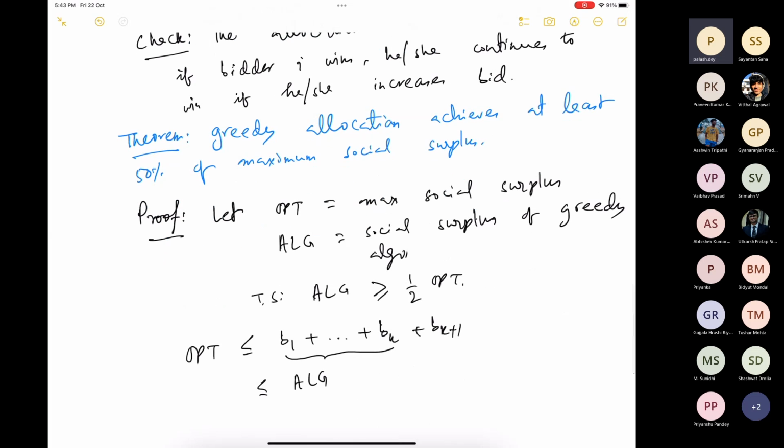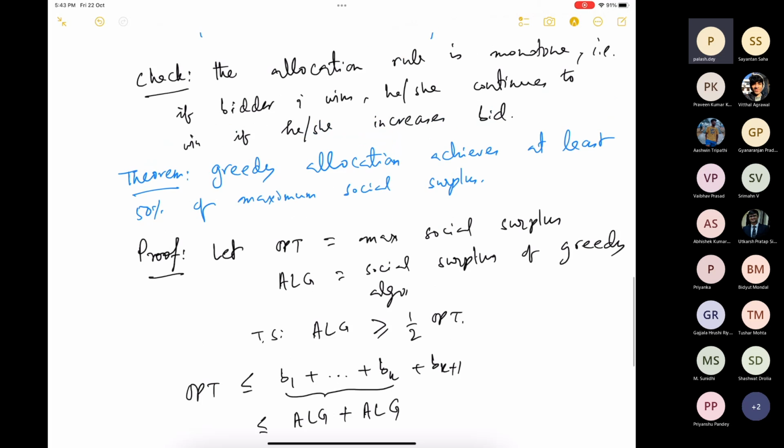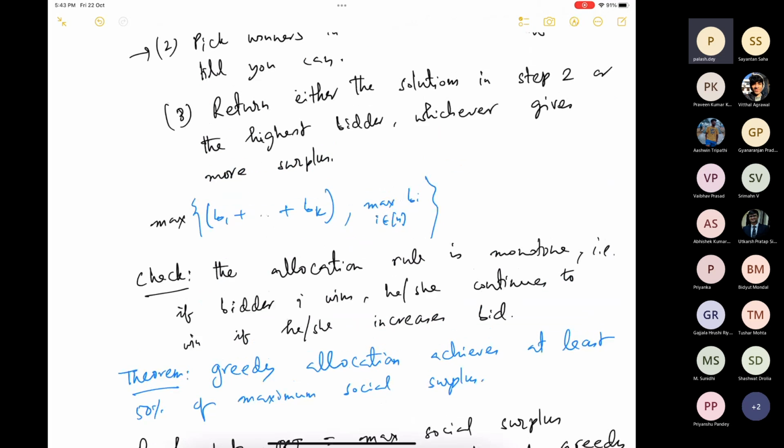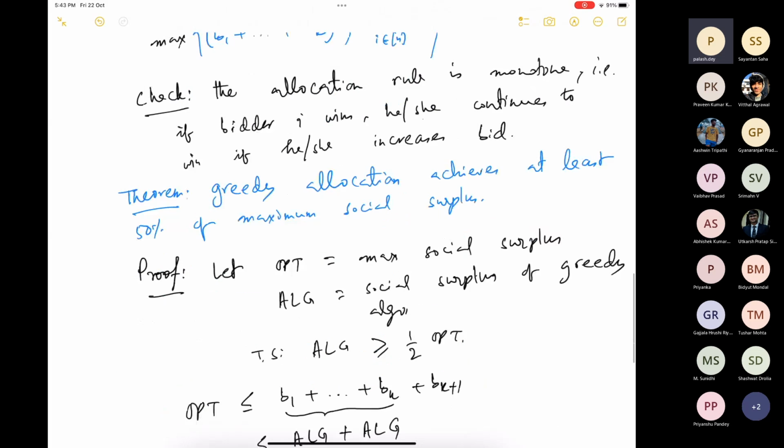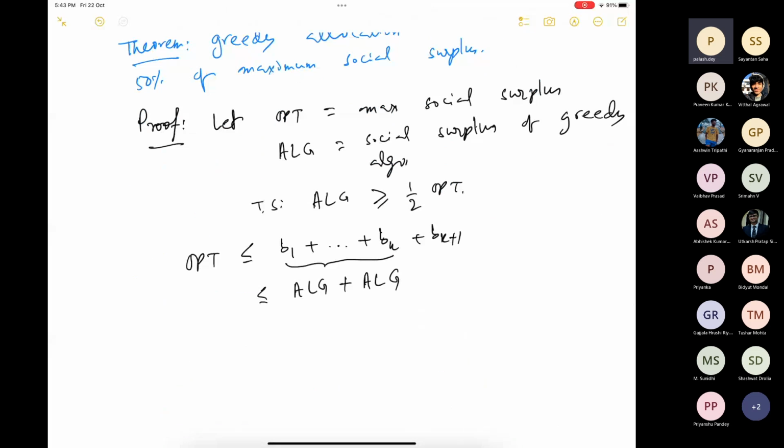So ALG is greater than or equal to B1 plus dot dot up to BK, and ALG is greater than or equal to B(K+1) also. Why? Because ALG is greater than or equal to max of Bi. So in particular, ALG is greater than or equal to B(K+1). So what we get is ALG is greater than or equal to OPT by 2.